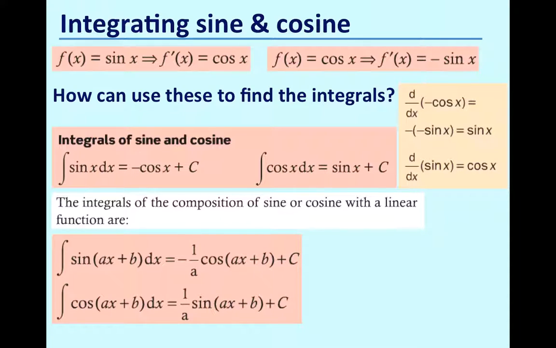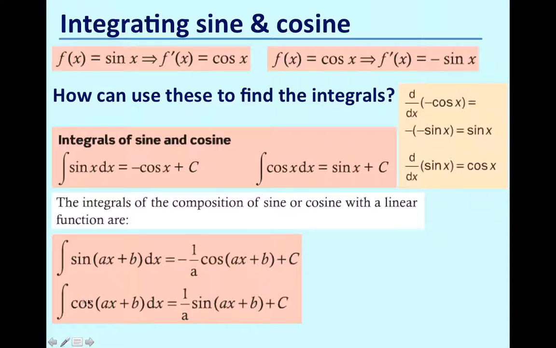When we are looking at the composition of sine or cosine with a linear function, again, if we were starting off with, for instance, cos ax plus b, and we wanted to integrate that with respect to x, what would our function be such that once we had differentiated it, we would end up with cos ax plus b?